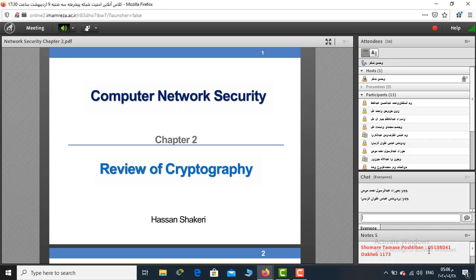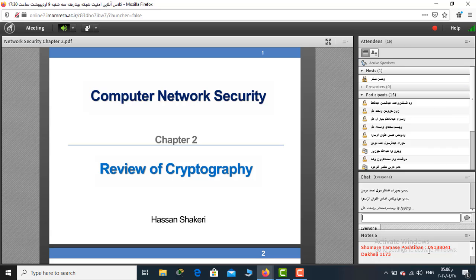What is the meaning of cryptography? Cryptography has two main phases, one on the sender side and another on the receiver side.